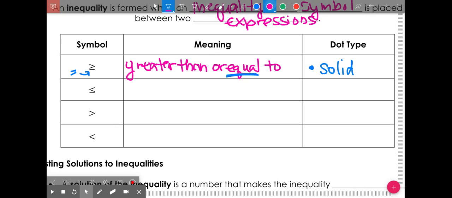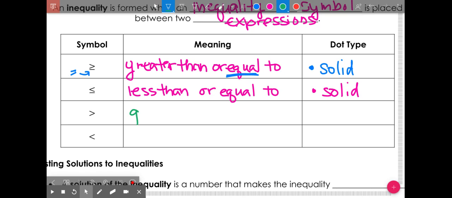The next symbol is the less than or equal to symbol. It also gets a solid dot, because it has an equal sign smushed in it.